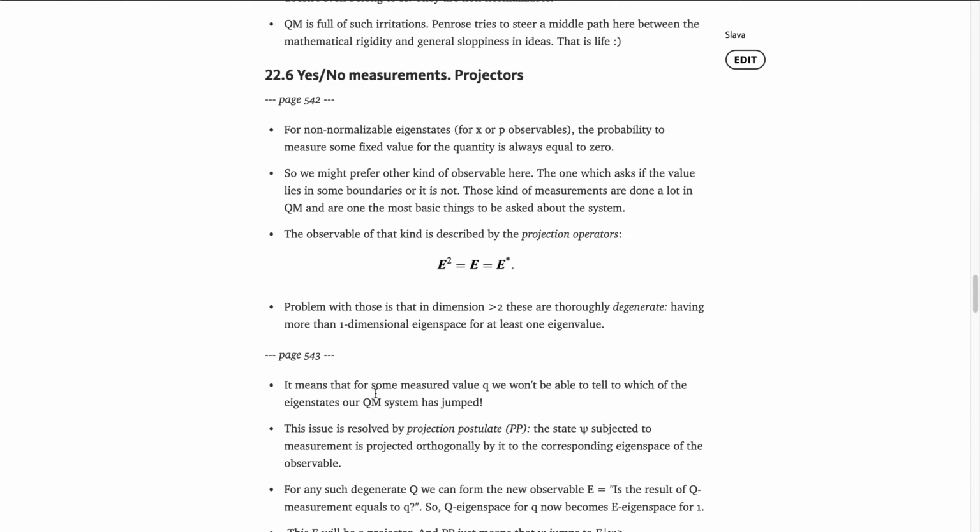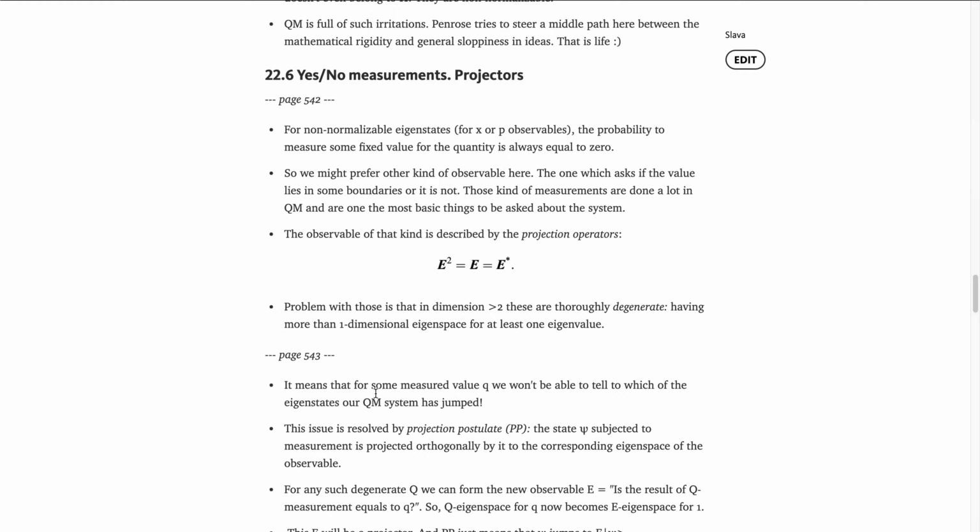Okay, so in the next subchapter, he is talking about yes/no measurements and the projectors, and the motivation for it is the fact that for non-normalizable eigenstates, like for the X or P observables, the probability to measure some fixed value for the quantity is always equal to 0, because of their continuity basically.